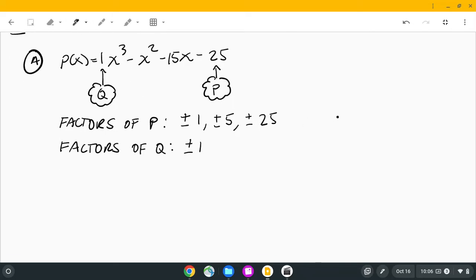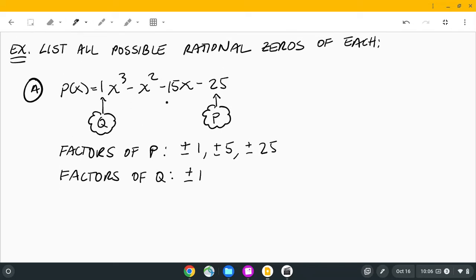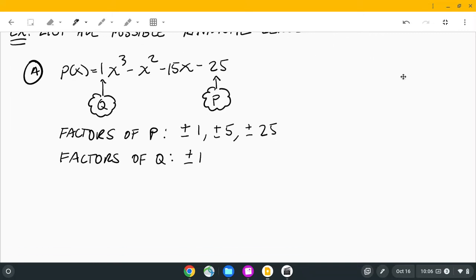And then now your possible, so the directions say list all possible rational zeros. So your possible rational zeros are going to be all the combinations of these p's over these q's.